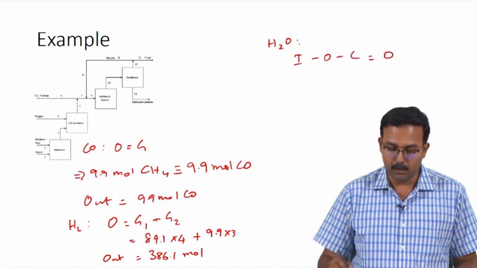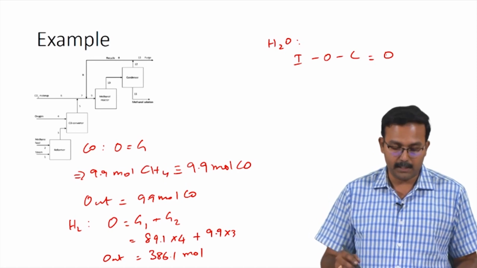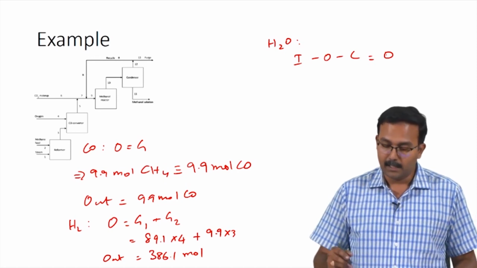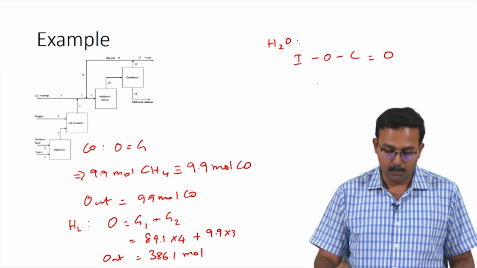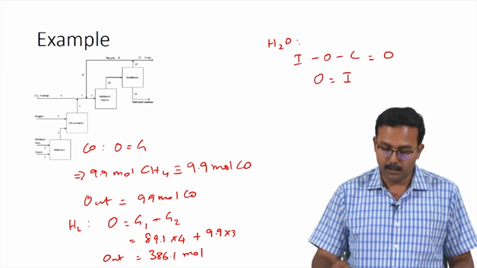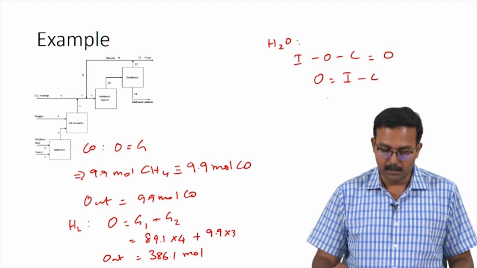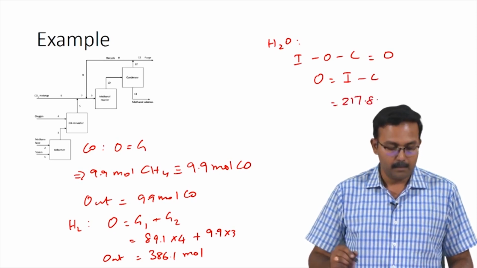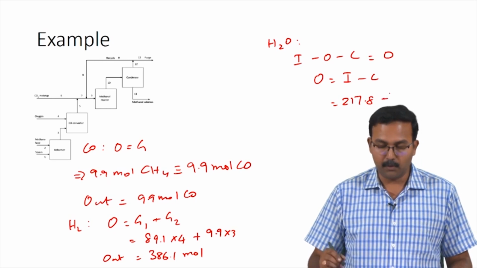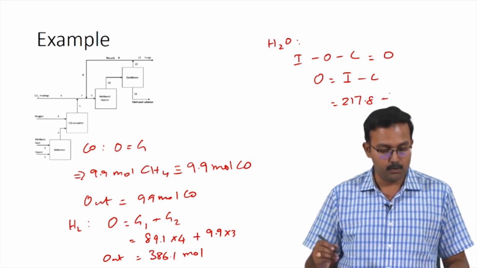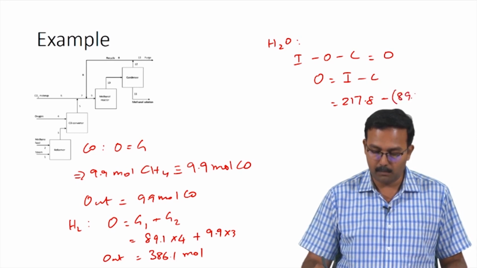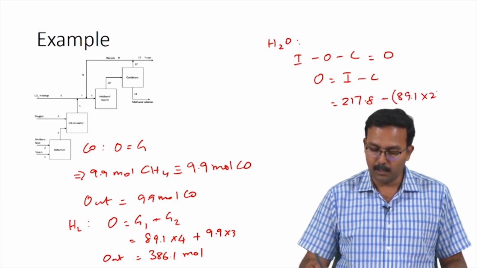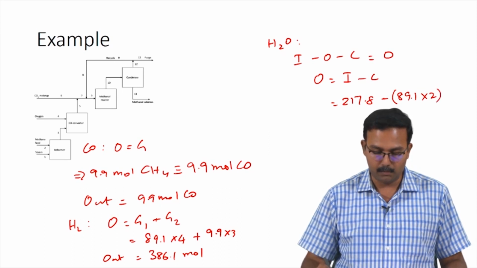If we were to write a balance for water, we know that input minus output minus consumption would be equal to 0, because water is not generated as it is a reactant and accumulation would be 0 at steady state. Thereby, output is equal to input minus consumption. Input is 217.8. For every mole of carbon dioxide produced, 2 moles of water was consumed. So, for 89.1 moles, you have 89.1 times 2 moles of water consumed.